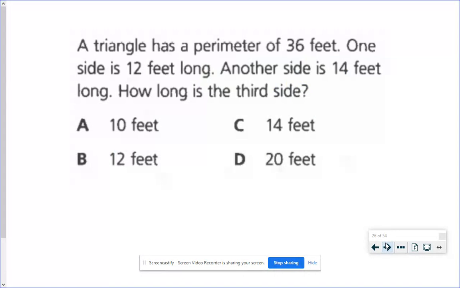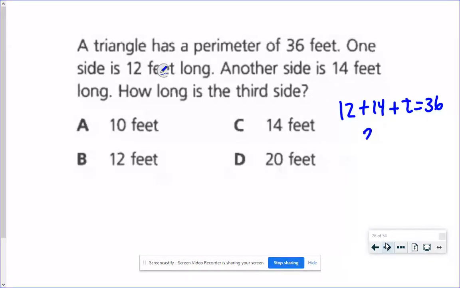Same thing here. Pause the video, work your problem out, and check back with me. Make sure you're practicing writing down the number sentence, the addition sentence of the missing part, and setting it equal to the total. So with the triangle, you're going to be adding 3 numbers together. 12 plus 14 plus the third side. This is what we have to figure out.